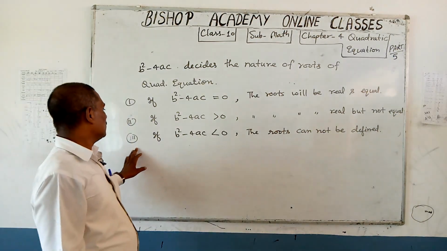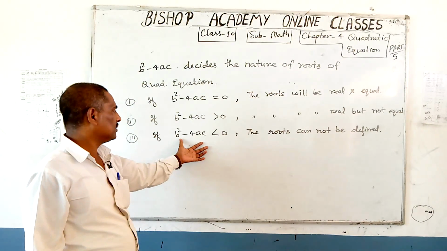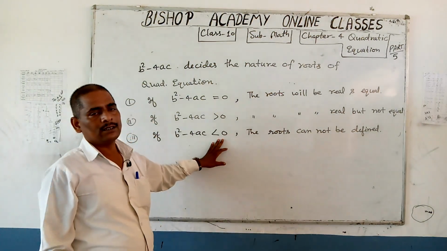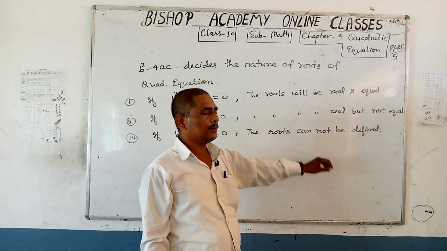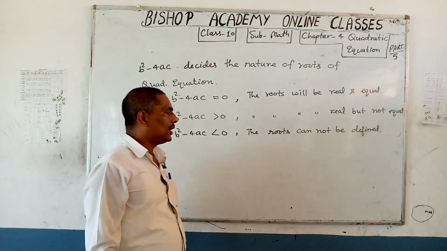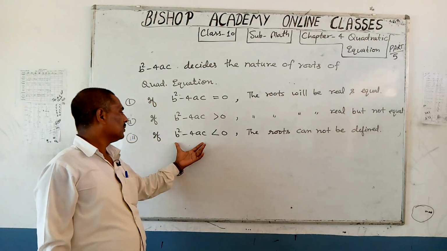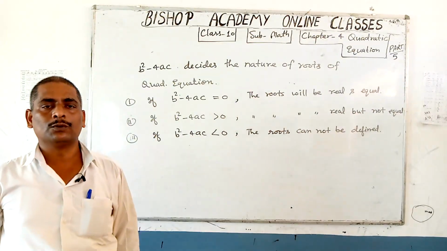And in the third case, if the discriminant b square minus 4ac is less than 0, the roots cannot be defined, or are not real.